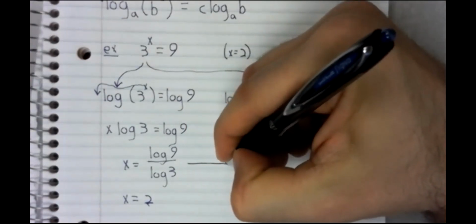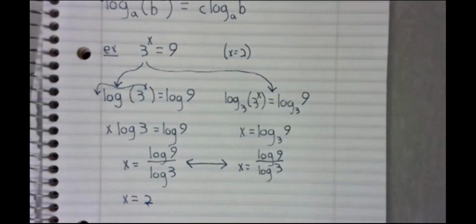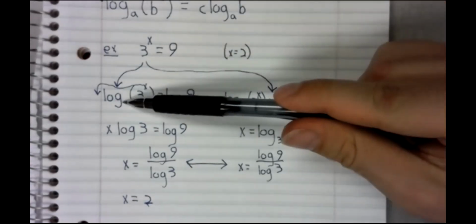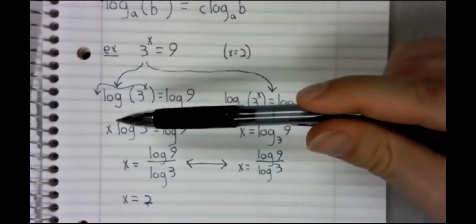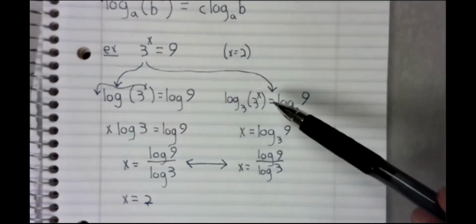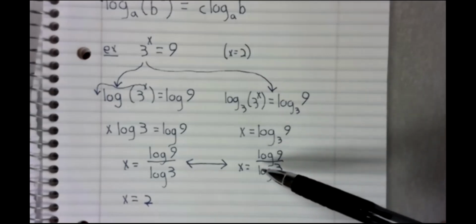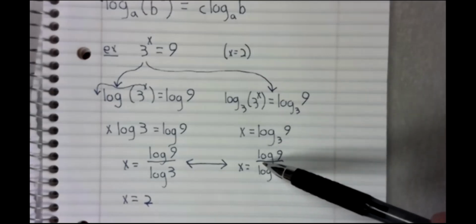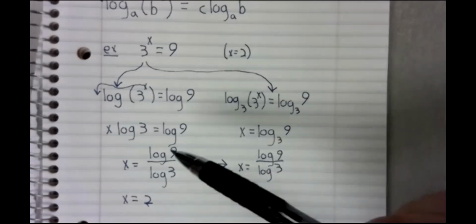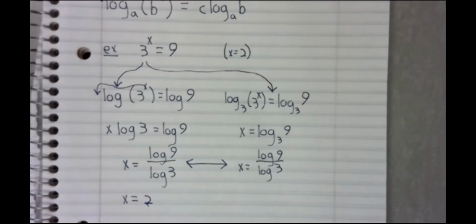And of course, no matter which route we took, whether we started with the common logarithm and then divided, or whether we started with the logarithm base 3 and then used the change of basis formula, we wind up in the same place.